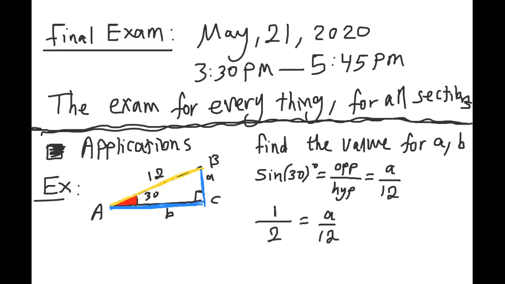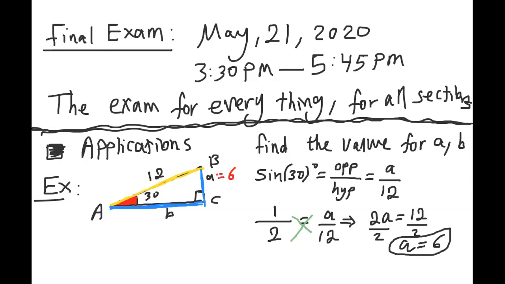Now, by cross multiplication, what do we get? 2A equals 12. Dividing by 2 on both sides, I get the value for A is 6. So this is the first application. Now A is equal to 6 by using the trigonometric ratios. The same thing for B.